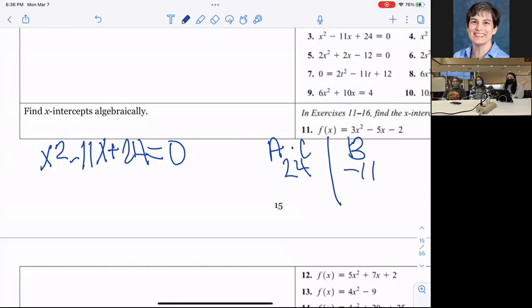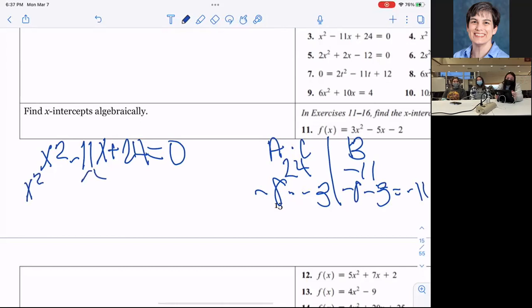You're going to need 2 negatives. Something that multiplies to 24 and adds to negative 11 is negative 8 and negative 3.